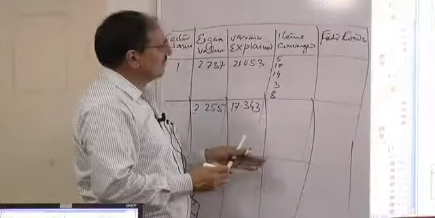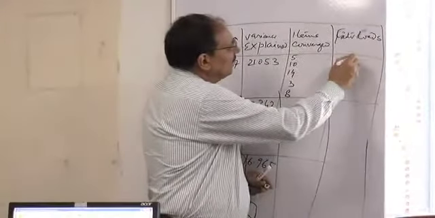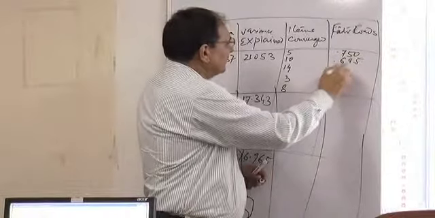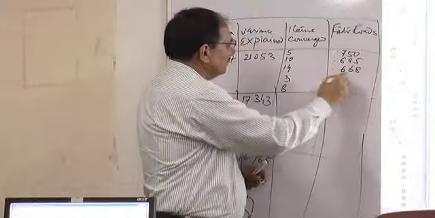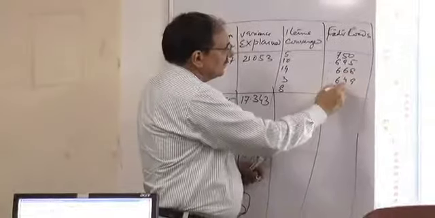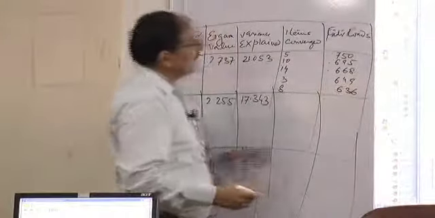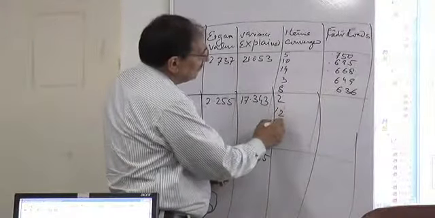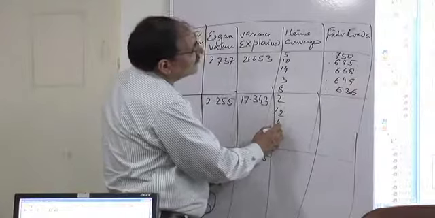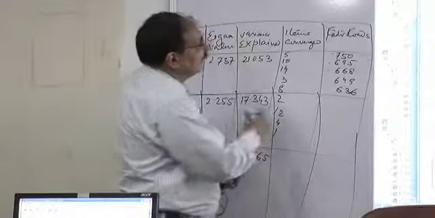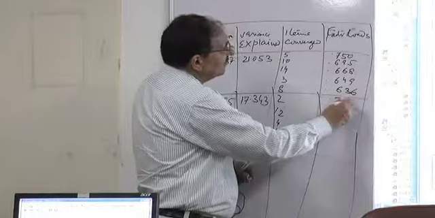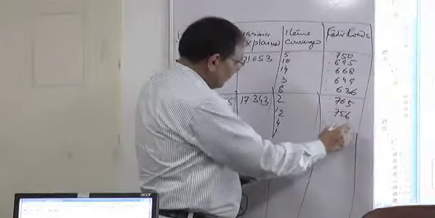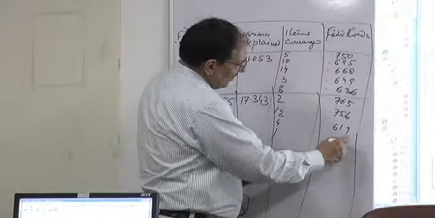They are converged on factor 1 and loadings are 0.750, 0.695, 0.668, 0.649, 0.636. And the same for factor 2: items 2, 12, 4, 1, with loadings 0.765, 0.756, 0.619, 0.617.